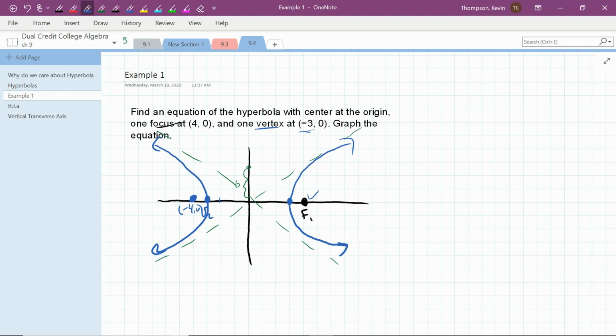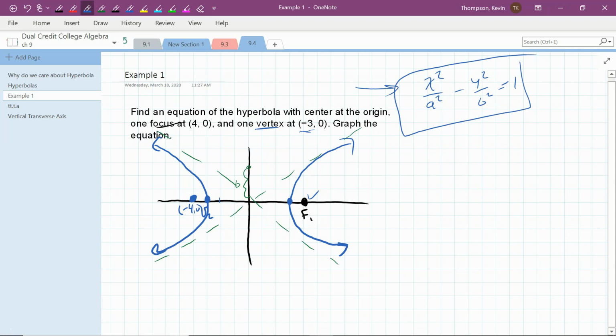Now, if I want to come up with the equation, the equation is either going to be x squared over a squared minus y squared over b squared equals 1. If you wrote this down, this should have been the equation you wrote when I said a horizontal transverse axis. I'm going to abbreviate that HTA.